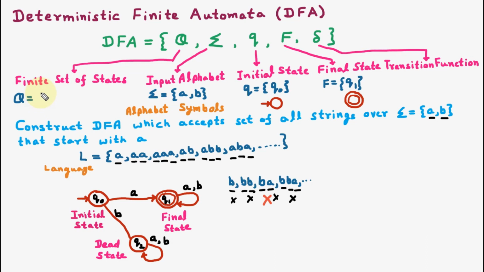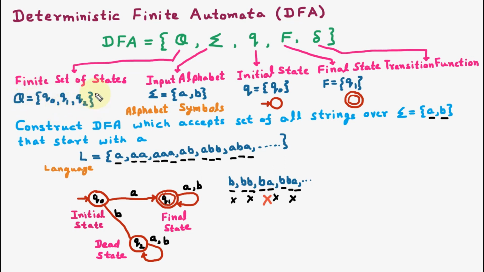All the states which are present in the DFA will come in Q. So here Q0 is the first state, comma Q1, the second state, comma Q2, the third state.